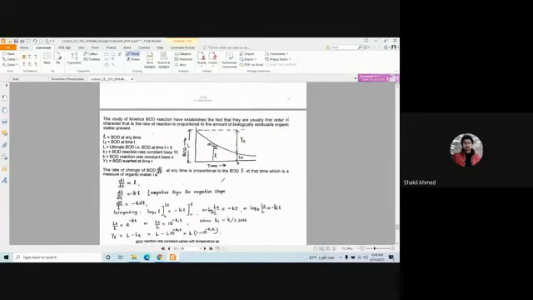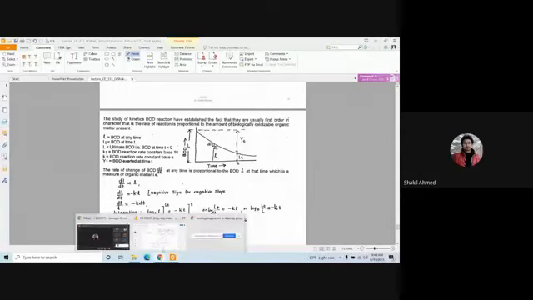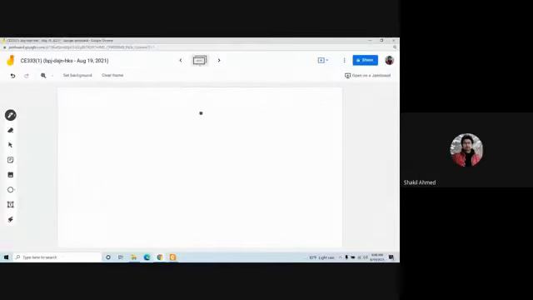Now, if we look at the BOD kinetics, for example, in a sample of water at time t equals 0, you put some biodegradable organic matter here. Initially, when time was 0, DO was, for example, 7.